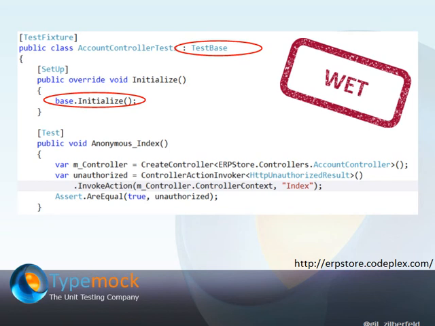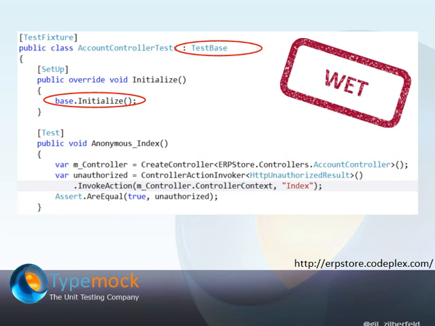As you can see on the screen, the people who wrote this code actually thought about this, and they decided that production code and test code are the same in the meaning of don't repeat yourself.